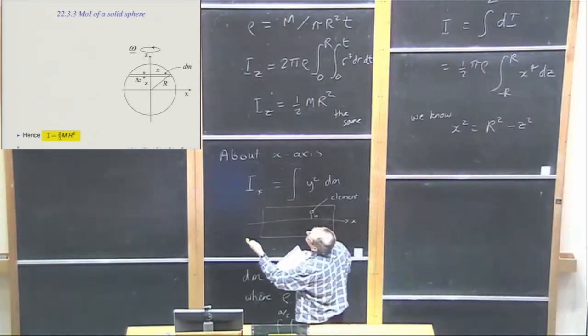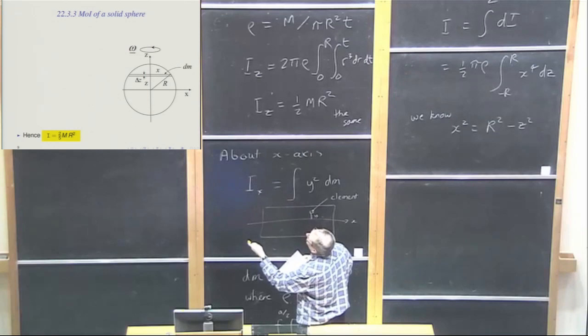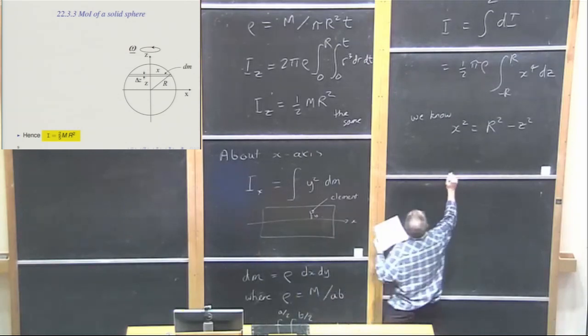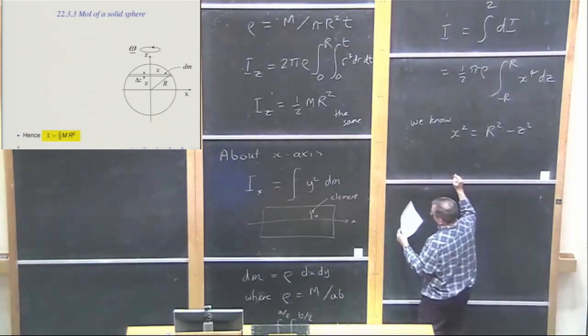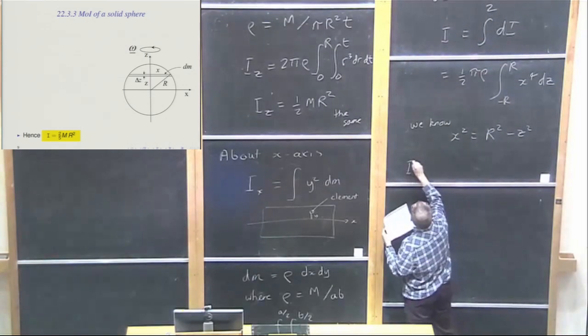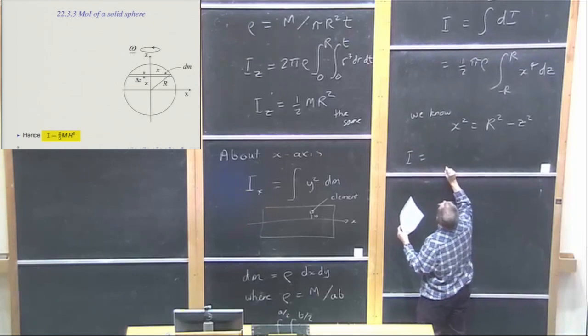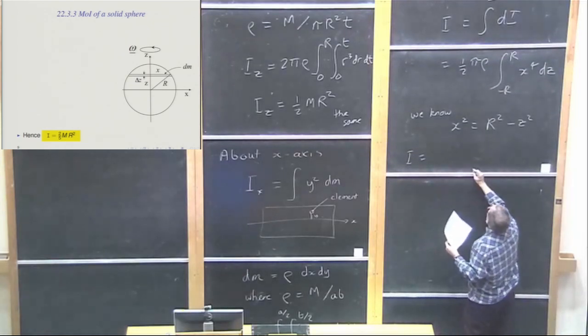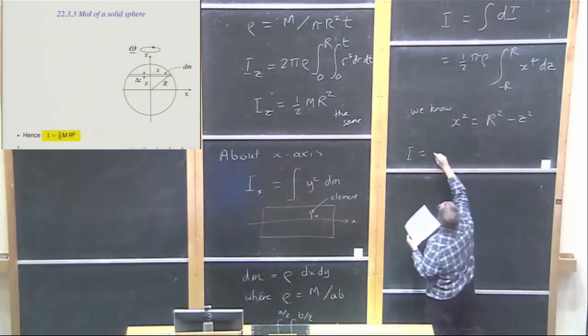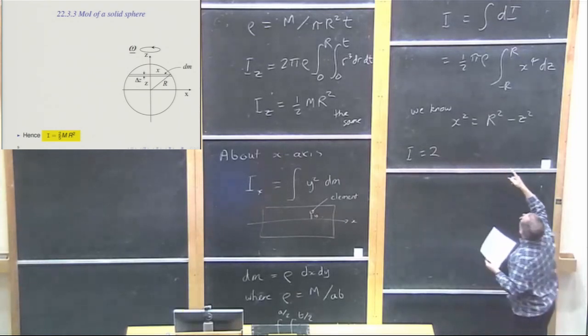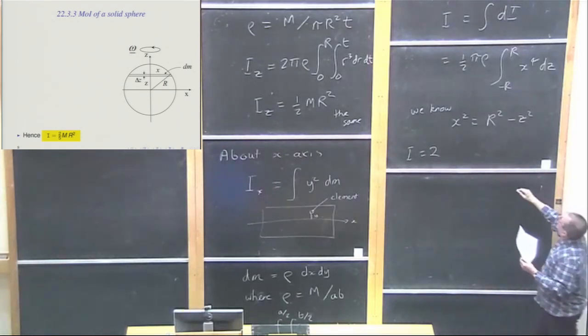So z squared plus x squared equals big R squared. Hence I can be rewritten with a 2 in front, because I'll change the limits of the integral to go from 0 to R, since it's symmetric.